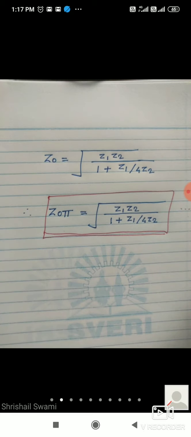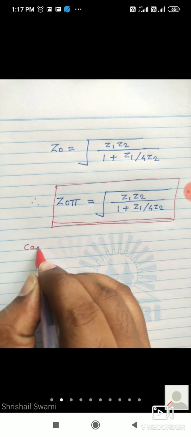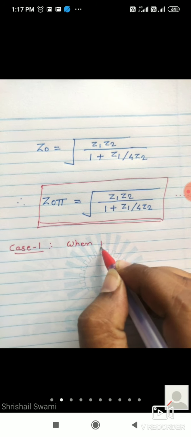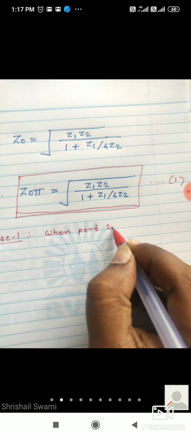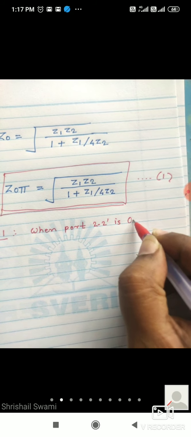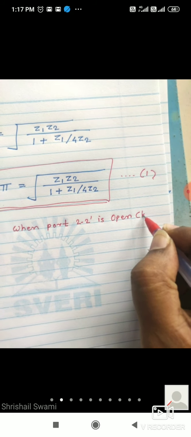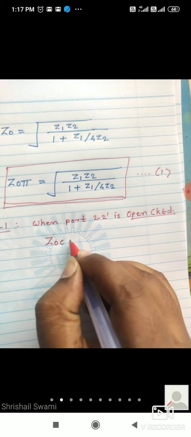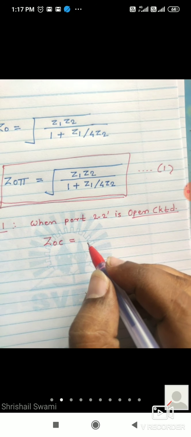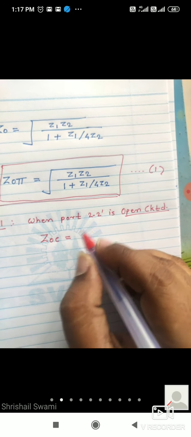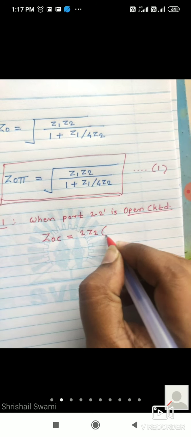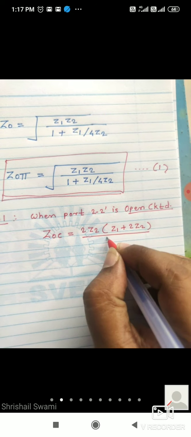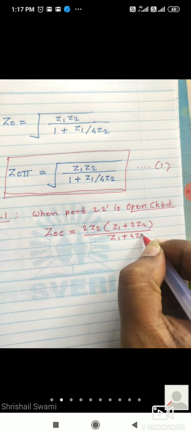Similarly here there are two cases we can consider. Case 1 means what? When port 2 dash is open circuited. So what will be the ZOC? What will be the equation? I will give it directly: 2Z2 into Z1 plus 2Z2 divided by Z1 plus 4Z2.